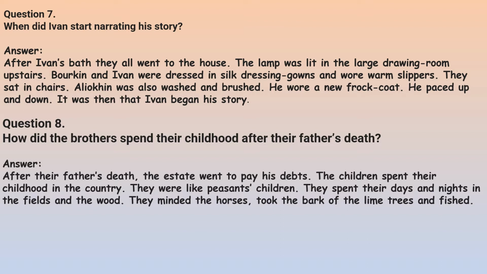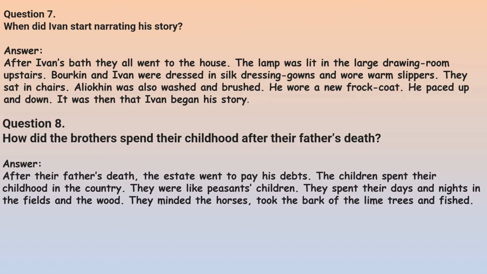They sat in chairs. Alyokhin was also washed and brushed. He wore a new frock coat. He paced, means walked fast, up and down. It was then that Ivan began his story.